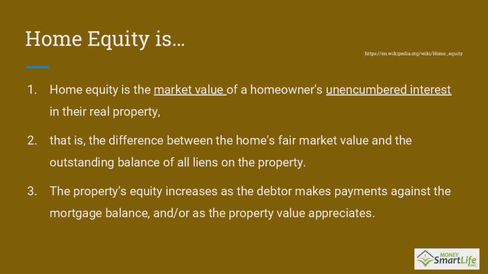The property's equity increases as the debtor makes payments against the mortgage balance or as the property value appreciates. So, bottom line, home equity is the difference between what your house will sell for and how much you owe. The difference is your home equity.